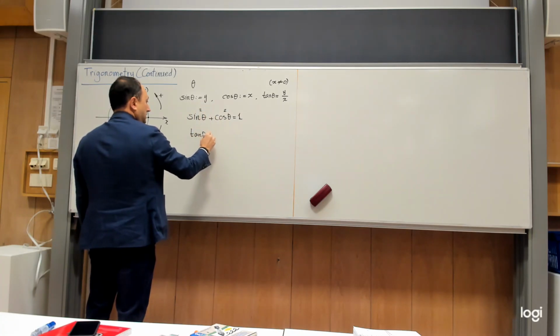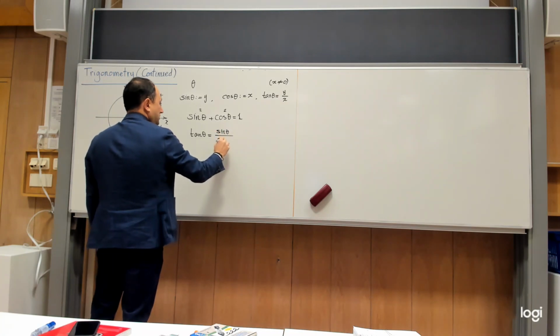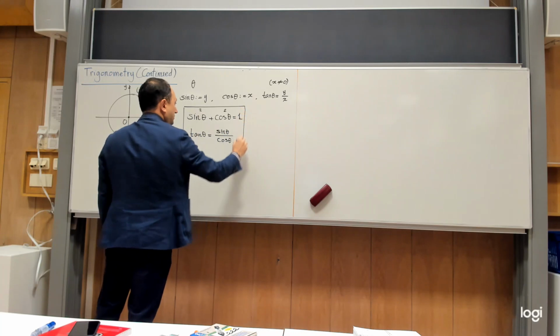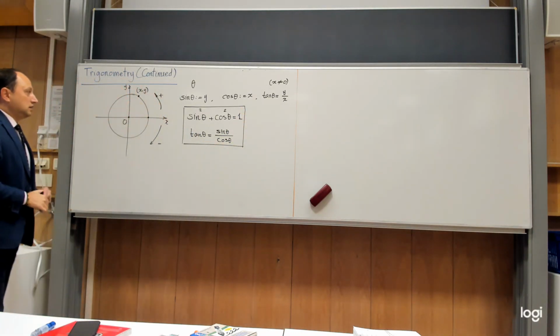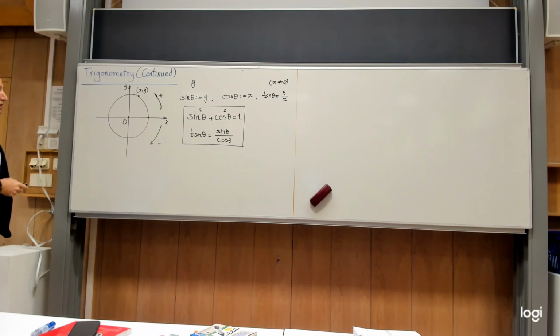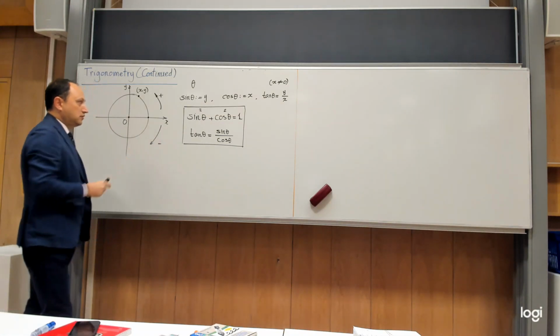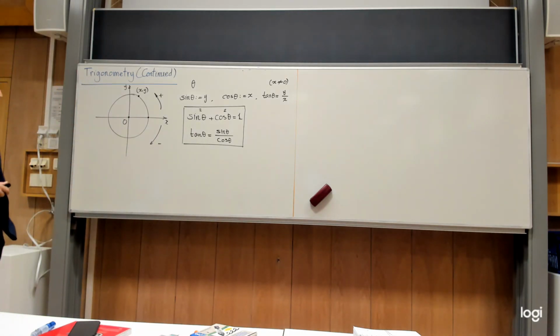So we learned that tangent theta is sine theta divided by cosine theta. So I recommend you to send these to your memory. It's very important to have them. Of course, you will get them in the formula sheet, but it would be really distracting if all the time you want to refer to the formula sheet for every single formula.